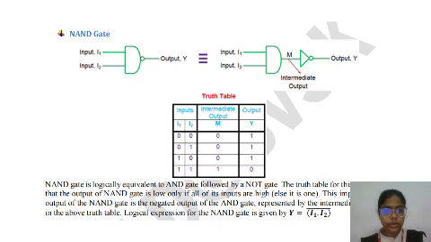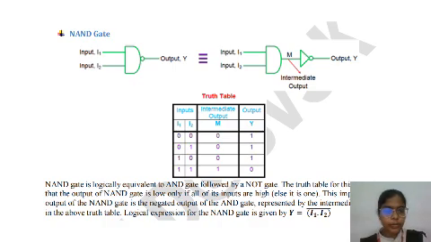The truth table has inputs I1 and I2, intermediate output M, and output Y. Here we can show the truth table, and the NAND gate is logically equivalent to an AND gate followed by a NOT gate. The truth table for this is as shown in the figure: the output of the NAND gate is low only if all its inputs are high.